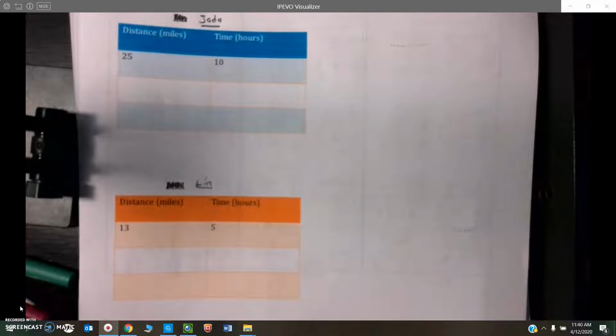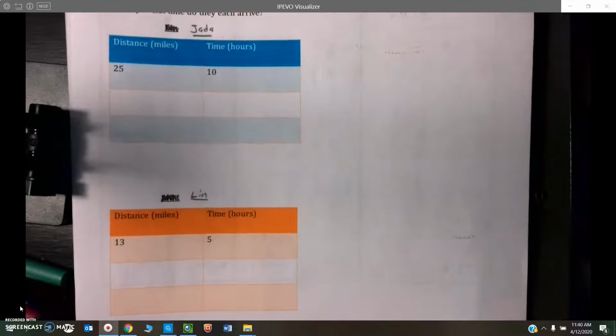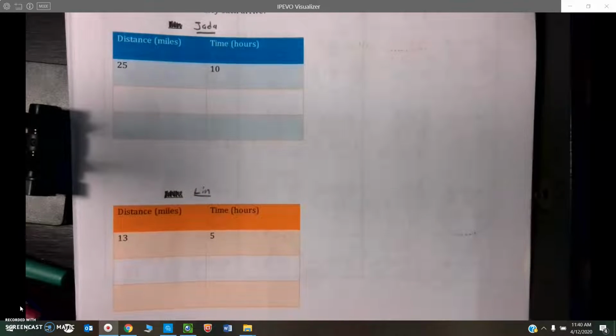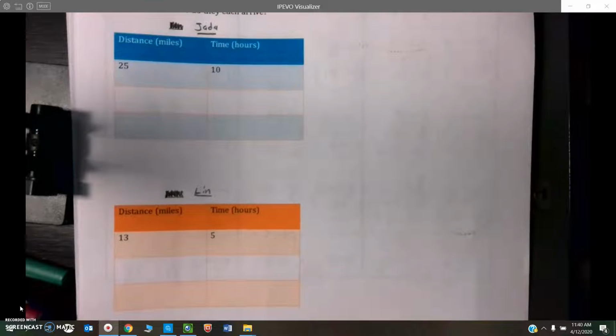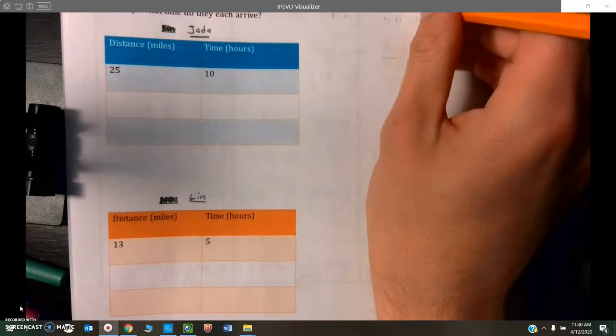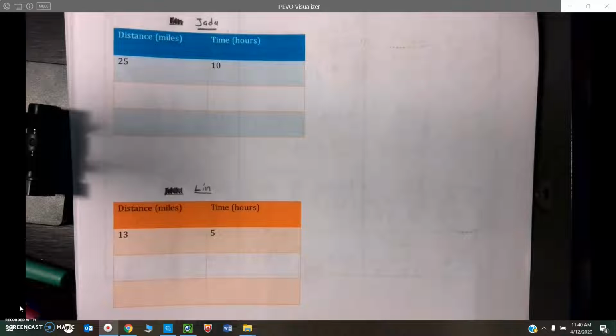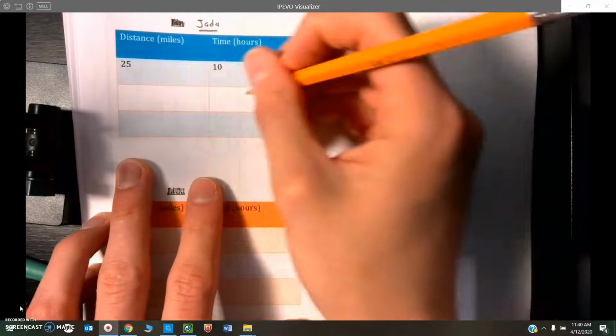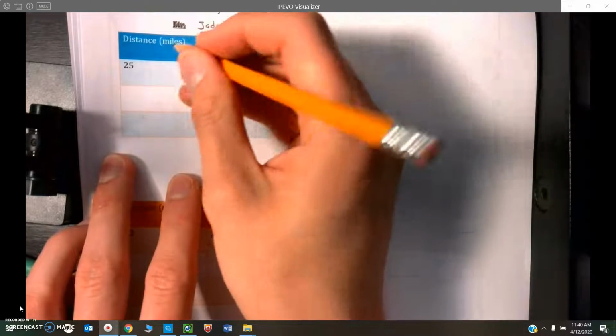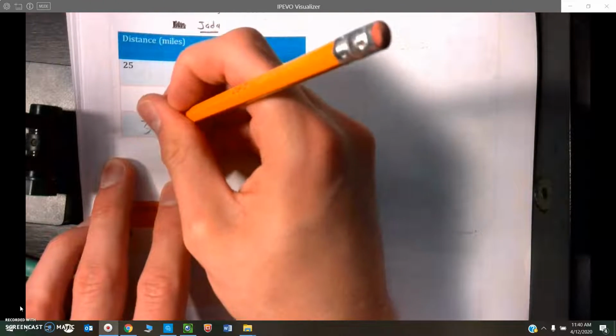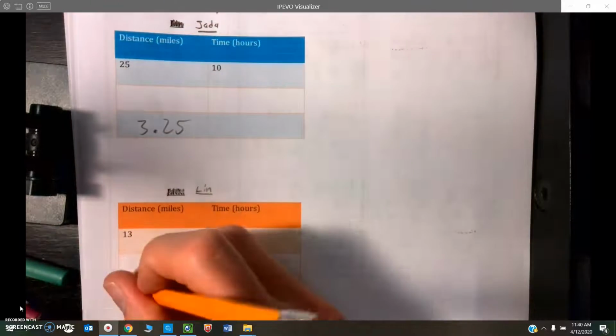Miles and hours, you put those two together, that's how we can measure speed. So we know that they are going to be walking 3 1/4 miles, so we can add that to both of their tables. I'm going to leave this middle row blank for now. Here's my miles. I'm going to write this as a decimal instead.